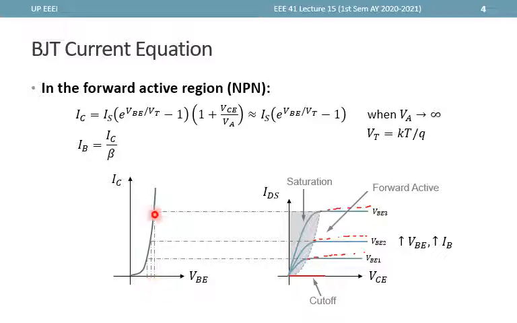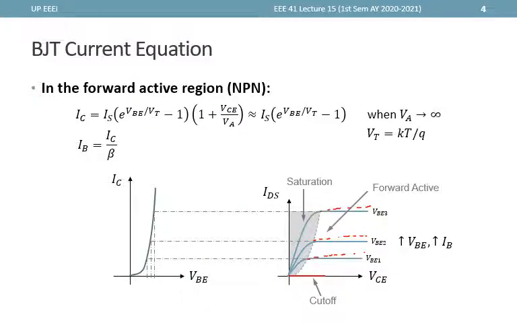Now for cutoff, we get that the current is approximately 0, and that is at this point of the curve. Now for saturation, for example, for the same VBE, say VBE3, we get a slightly lower current than the current at the forward active case.